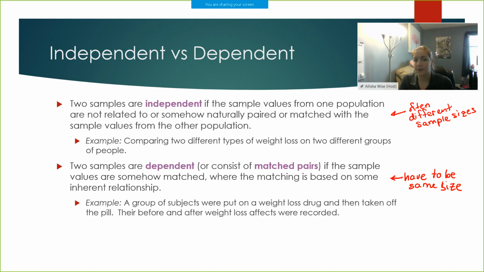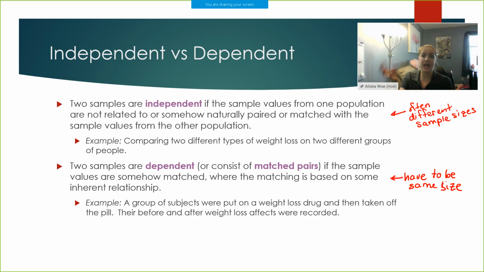So here's an example. A group of subjects, a group of people, were put on a weight loss drug. And then that same group of people were taken off of the drug, and they check to see what their weight loss progress was after, to see if the drug had an effect or not. So what's happening here is it's dependent because it's the same group of people.